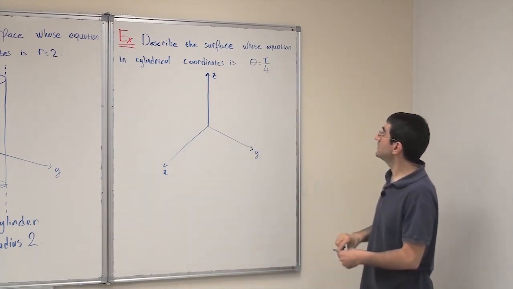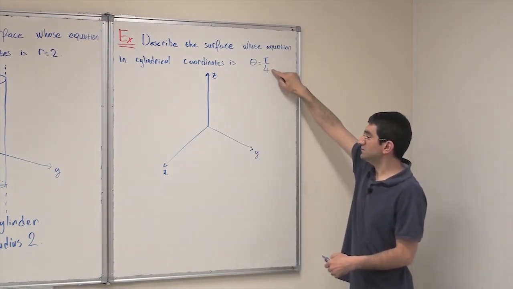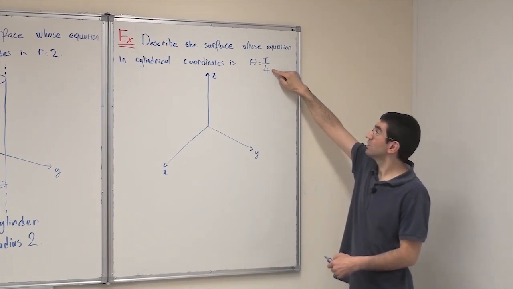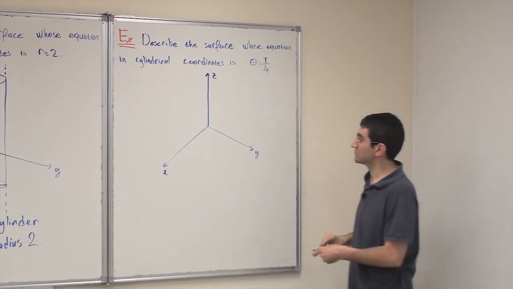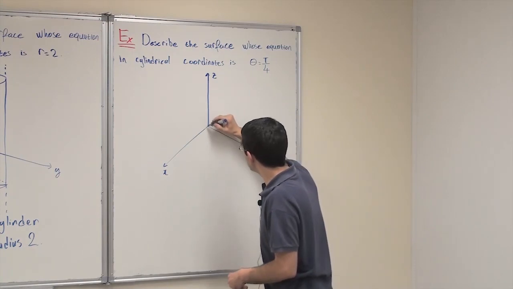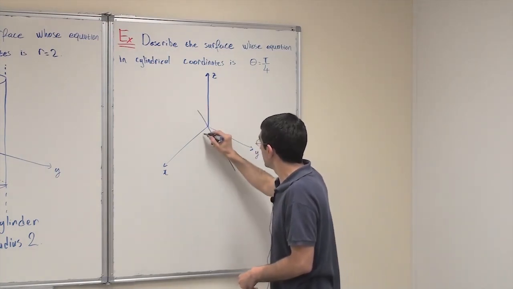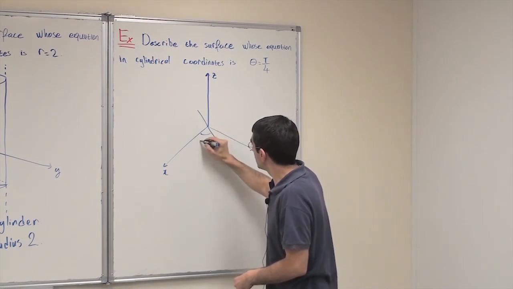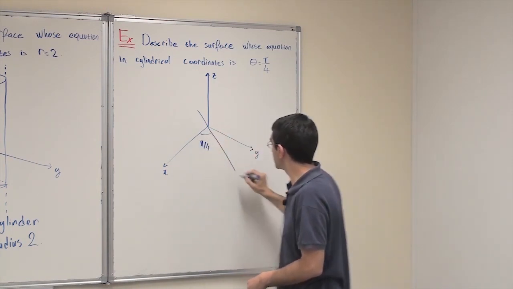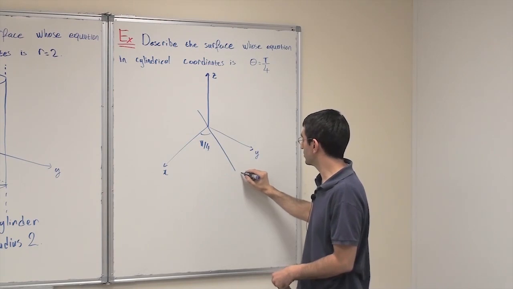We start the sketching with the sketch of this equation on the xy plane. In other words, we are going to sketch its trace on the xy plane, and that is a line where the angle between the positive side of the x-axis and this line is equal to pi over 4.